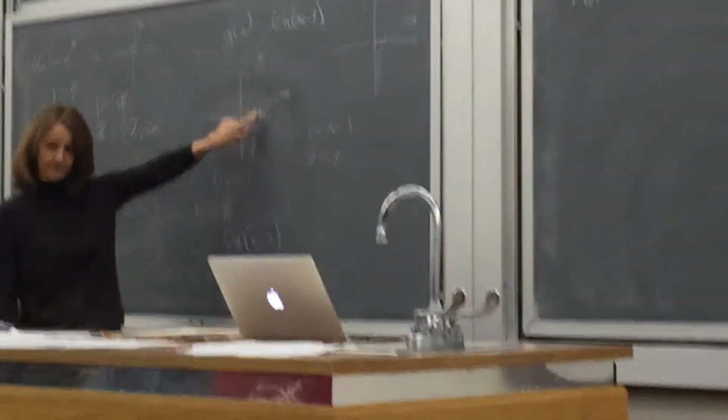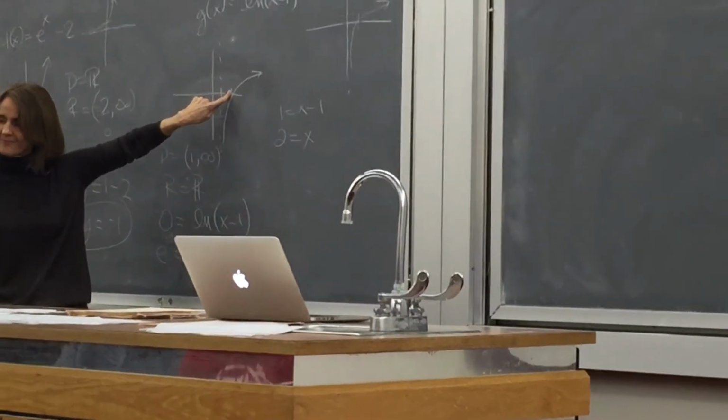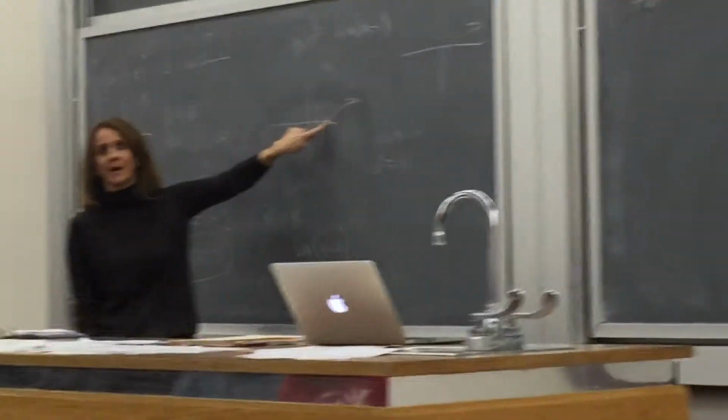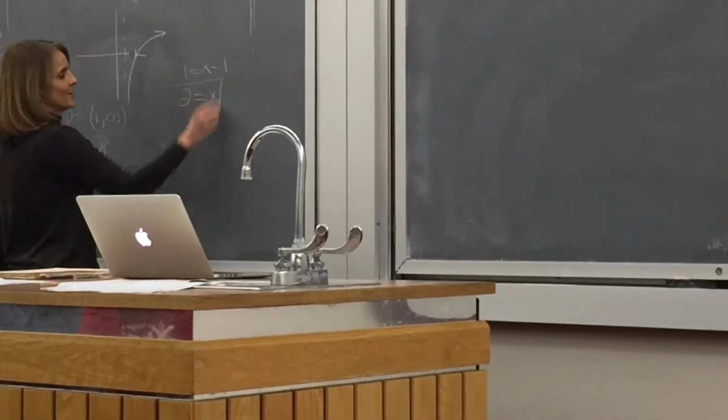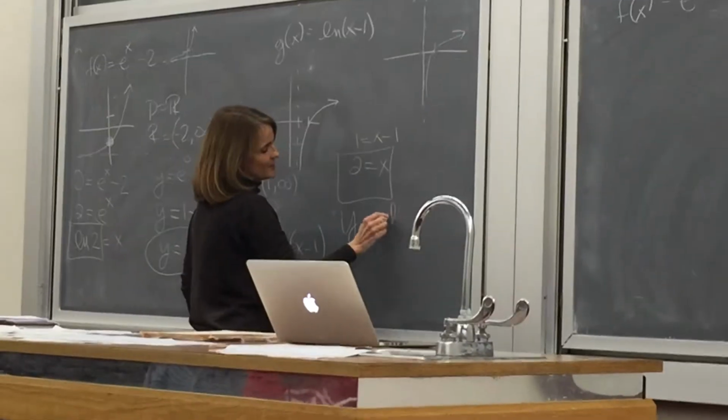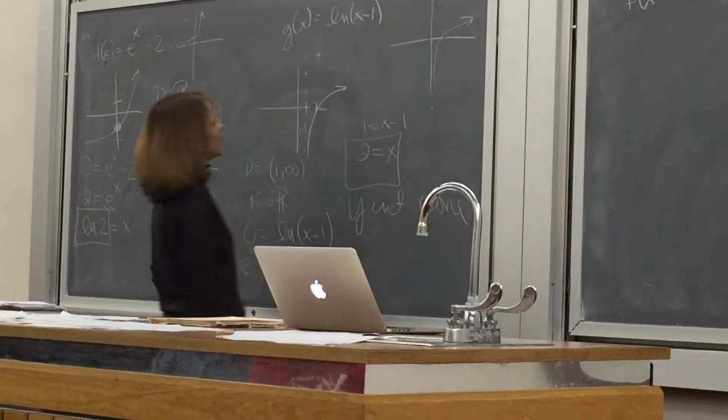What's e to the 0? 1. So you have 1 equals x minus 1. I add the 1 over, so 2 equals x. But you chose to do it the hard way. Fine. The x-intercept is 2. The y-intercept, we said was none. Oh, I said I would talk about it.